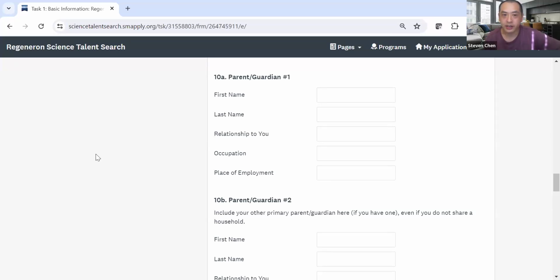So STS wants to see whether you submitted something pretty close to your parents' ongoing research for their jobs, and whether your parents helped you on the project, did the project for you, or you did something independently. That's the reason why they ask you to put down your parents' occupation and place of employment. Sounds good?